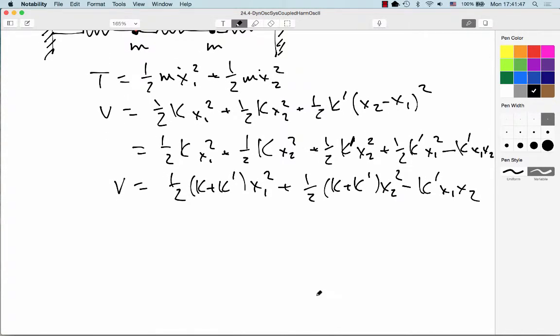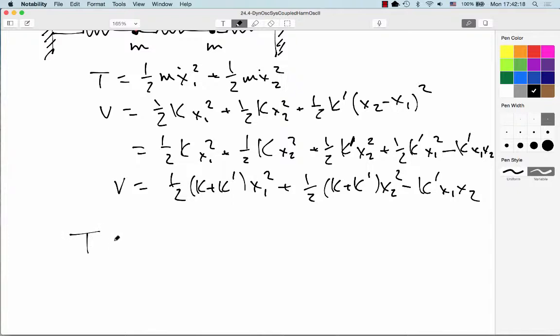And now I'm going to switch up and use Blackboard Bold writing for my matrices, just because I'm going to have to start taking transposes, and I thought it might be more confusing if I switched away from using twiddles to using backward arrowheads on vectors. So I'm going to switch to using a Blackboard Bold notation for these matrices.